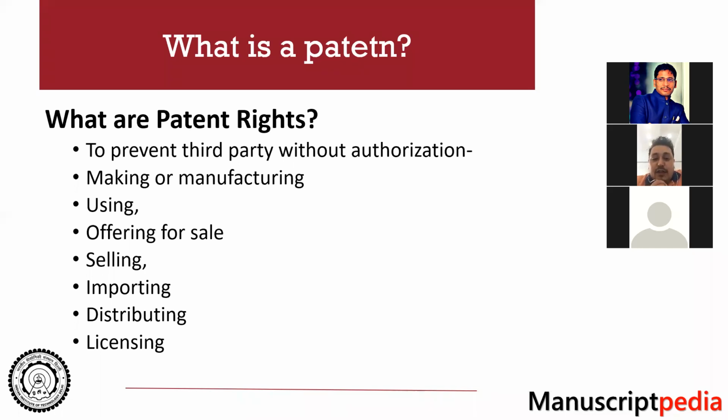They cannot manufacture, use, offer or sell it. You can claim this, and it absolutely belongs to the inventor, the one who initiated the invention. Nobody can import, distribute or license it to anyone else; only the owner has all these rights. Okay, next slide.